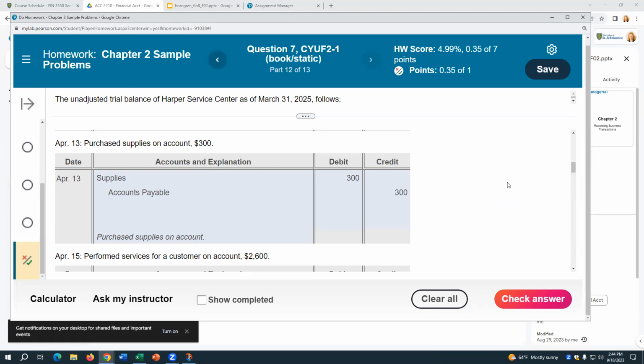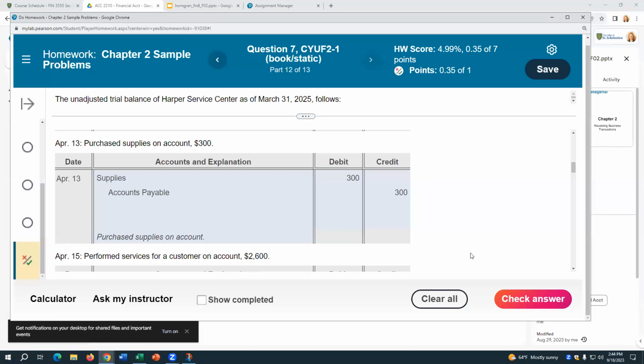Okay, and then on the 15th, we perform services for a customer on account. So if we're performing services, that means we're earning revenues, right? And revenues have a what balance? What increases the revenue account? Credit, right? So if we did not receive the cash, we did it on account, then what do we record that into?